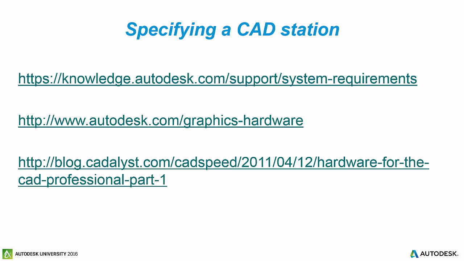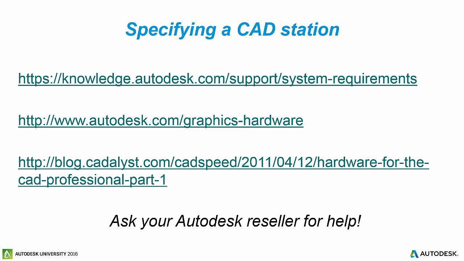It's a really good resource. But there's a simple shortcut if you're specifying a CAD station. Instead of having to do a whole bunch of research and trying to find out what's appropriate for you, ask your reseller. I did this when I was a CAD manager. I asked my reseller to specify a CAD station. I then took that specification out into the market and got competitive pricing.